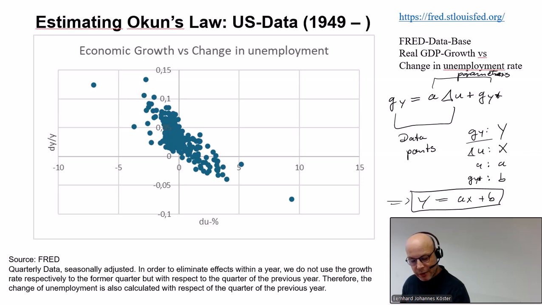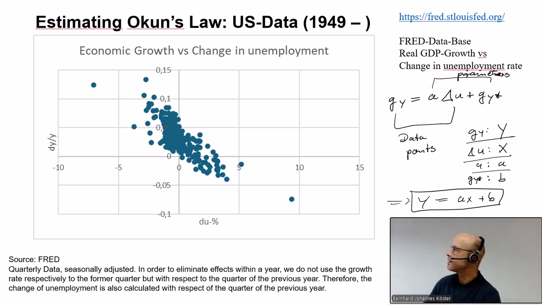We interpret gy as the dependent variable, and the change in unemployment as the independent variable, and a is the parameter which can be interpreted as the strength of the relation between these two variables y and x, so that if unemployment changes by 1%, then by a times x we obtain the change in economic growth.